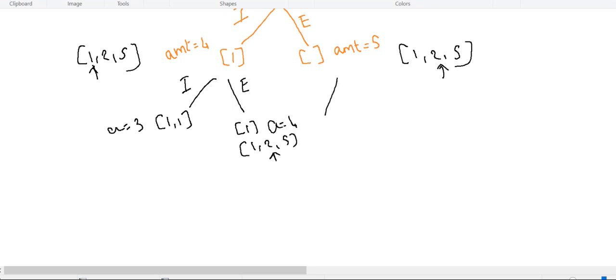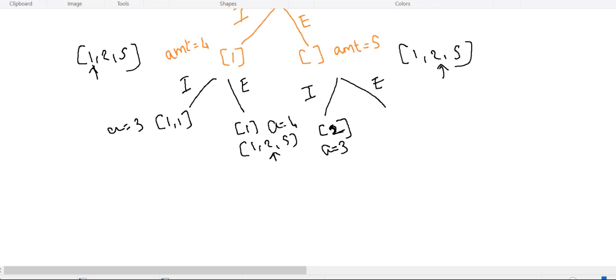Now, same thing here, include and exclude. When I'm doing include, my subset is empty, and the pointer is 2. So 5 minus 2. I'm including 2, so my subset is 2 and the amount is 3.